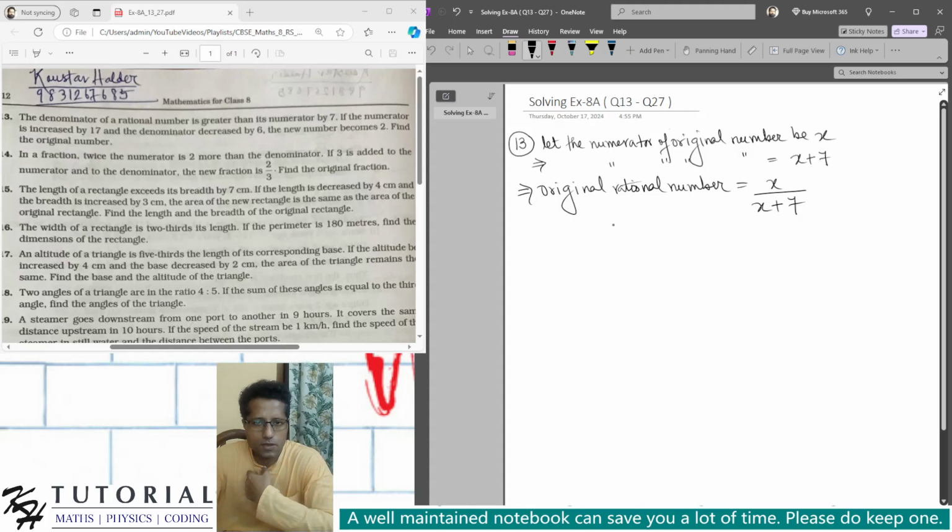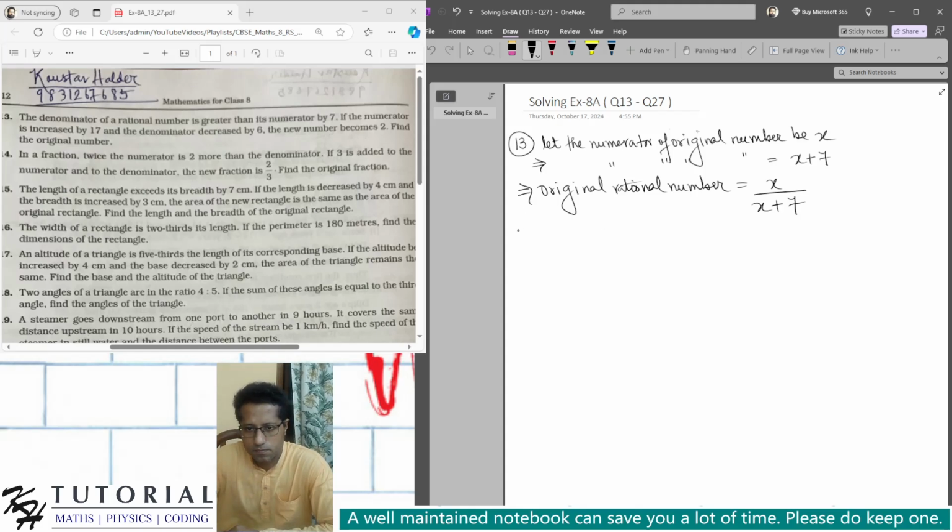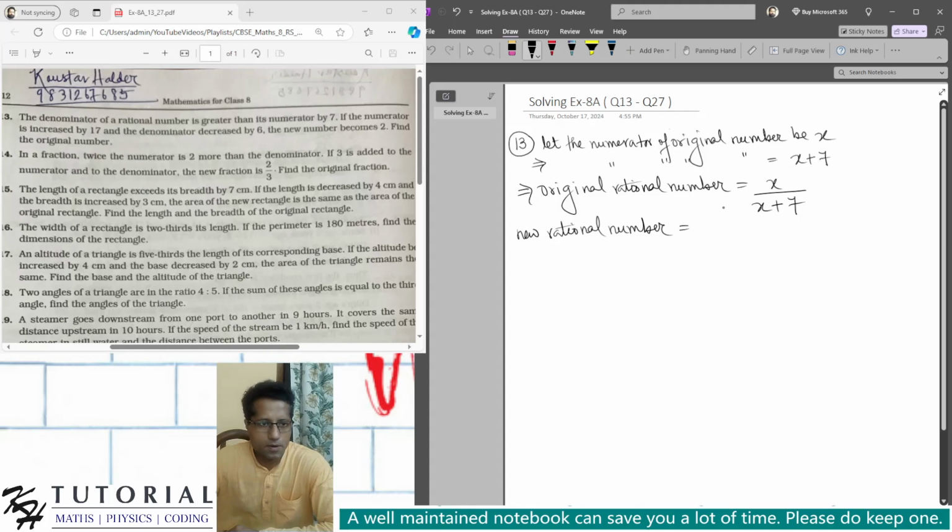If the numerator is increased by 17 and the denominator decreased by 6, now the numerator in the original number was x, so it has been increased by 17.